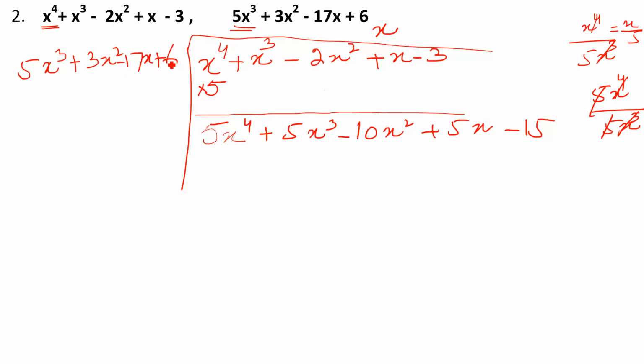So multiply now this whole 4 terms with x, we will get 5x^4 plus 3x cube minus 17x square plus 6x. This is nothing.